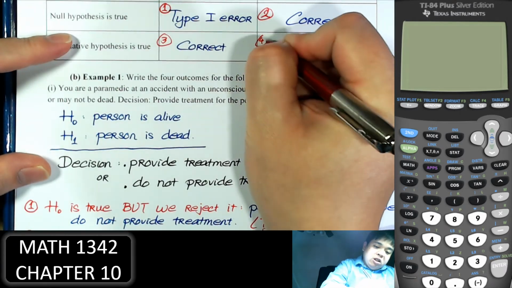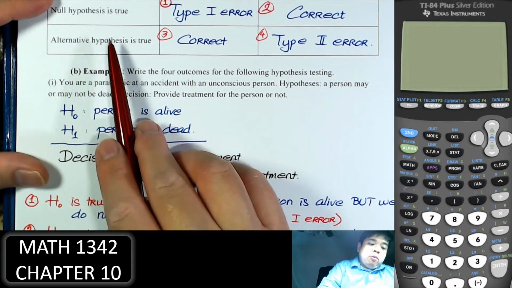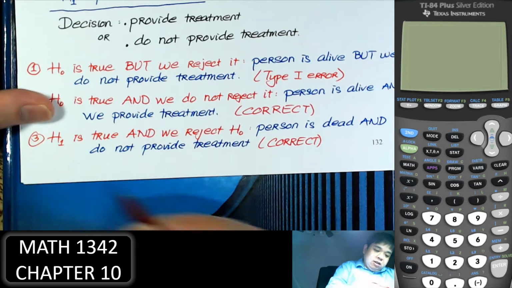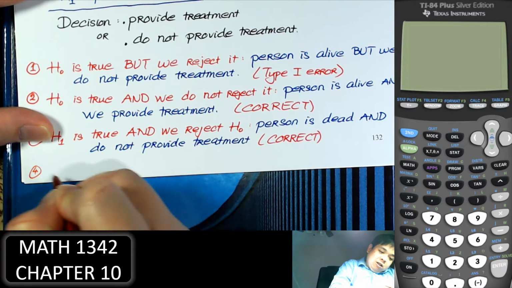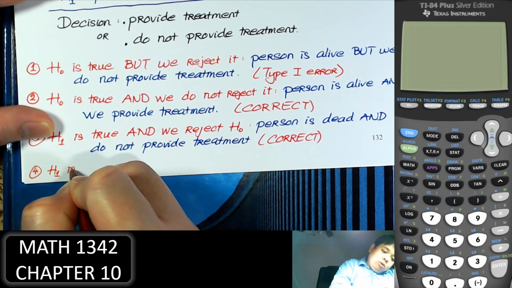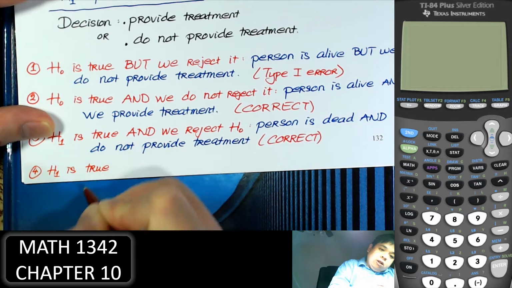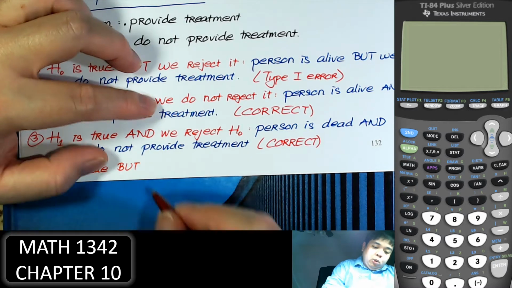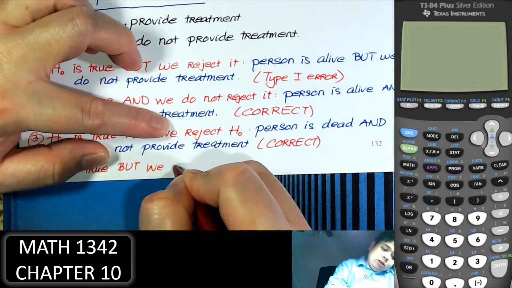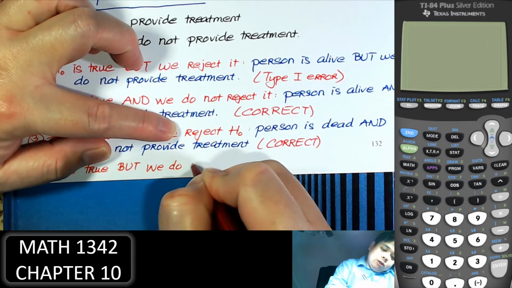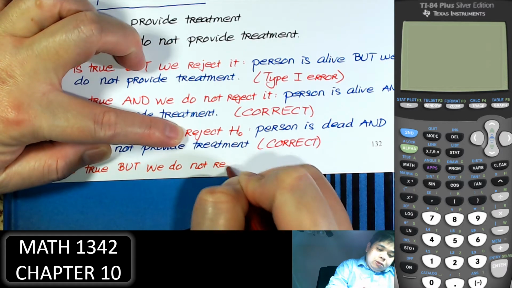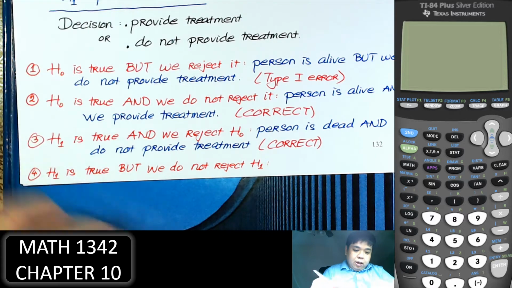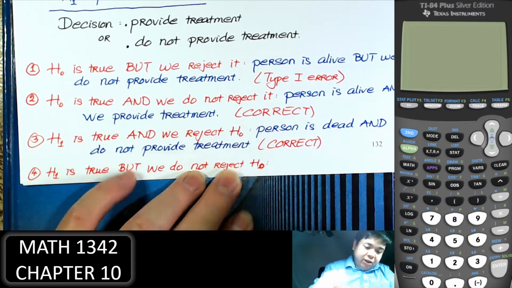And case number 4, type 2 error, is when the alternative hypothesis is true and we do not reject the null hypothesis. So H1 is true, but we do not reject H0.